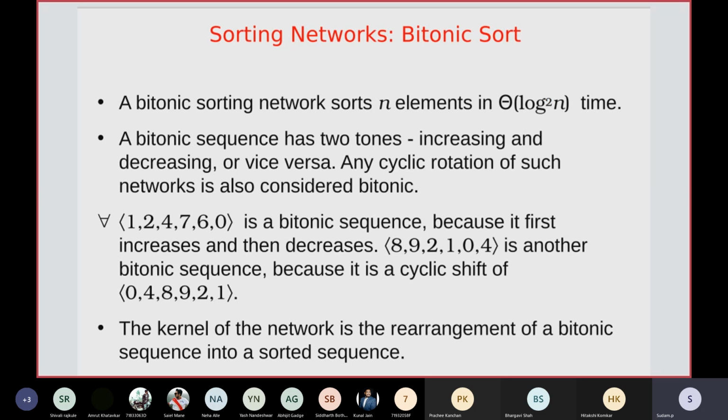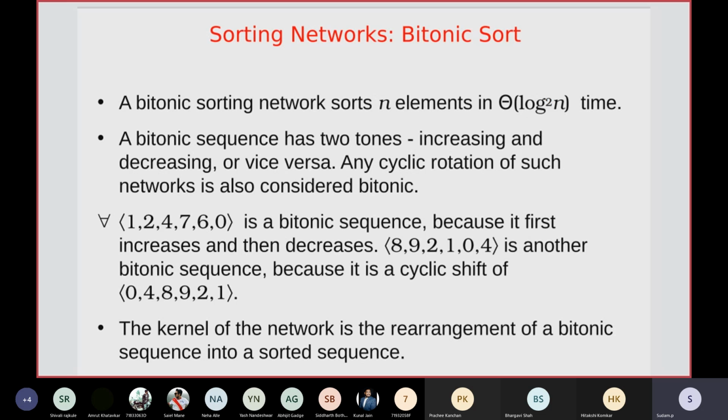So these three algorithms are there, but apart from these, we will also discuss Bitonic sort in brief, because in some books this algorithm is taken.